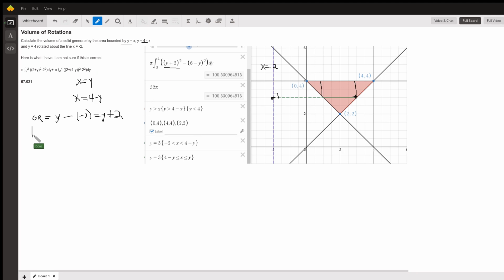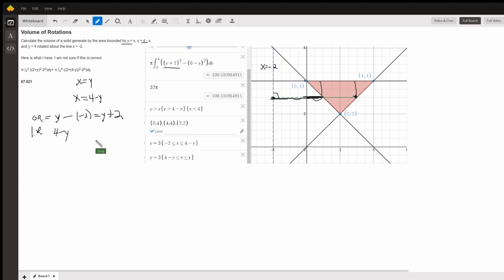The inner radius is this distance right here, from here to here. So this total distance is, well, from here to here, depending on y, is just 4 minus y, but then we have to subtract the -2, right minus left.